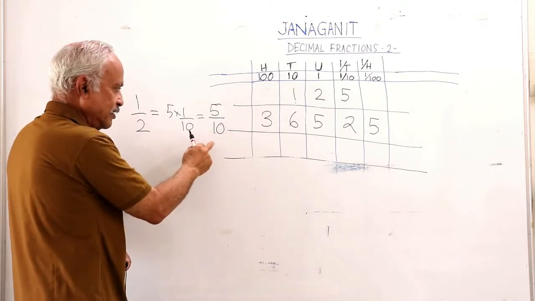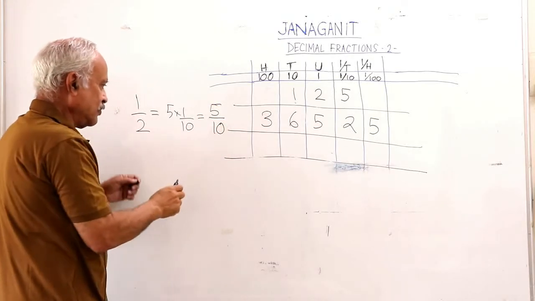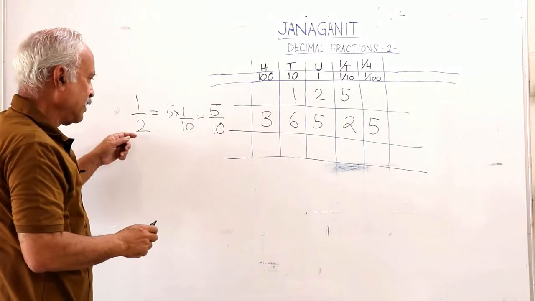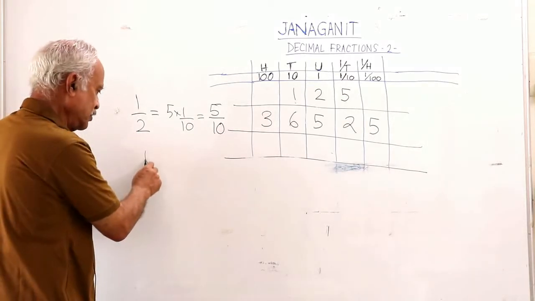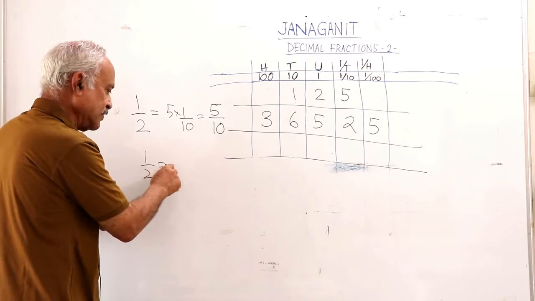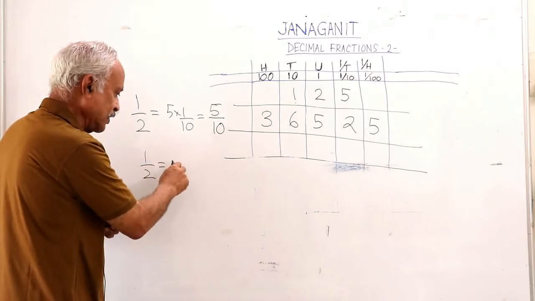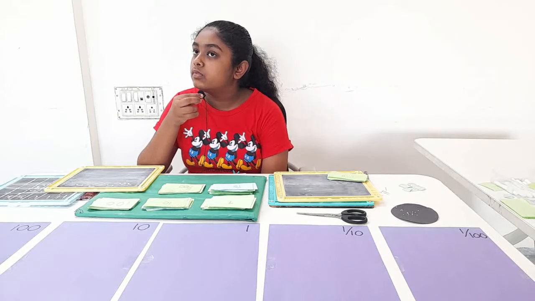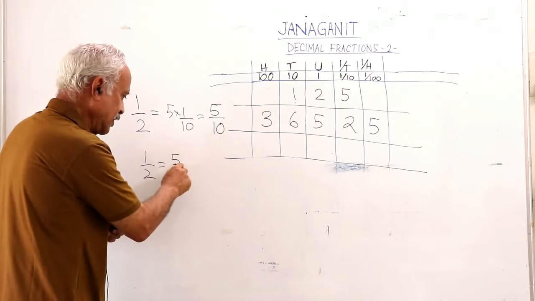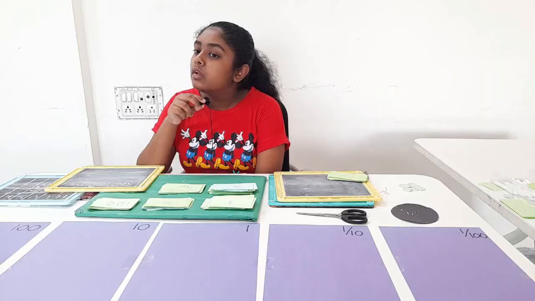Right? So, we also know that I can write 1 by 2 as equivalent fractions. 1 by 2, then the next one is 5 by 10. Any other examples?